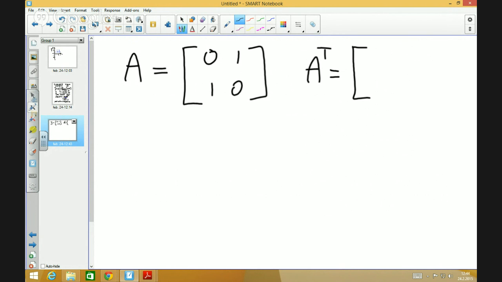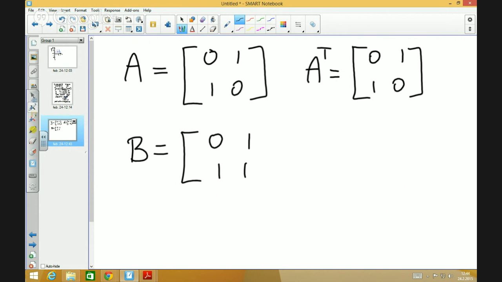Because this is a symmetric matrix. It's exactly the same. I turn rows into columns, but the matrix was symmetric along the diagonal. So if instead I take B, which is this thing, what is the transpose? The same. It's symmetric. The transpose doesn't change.